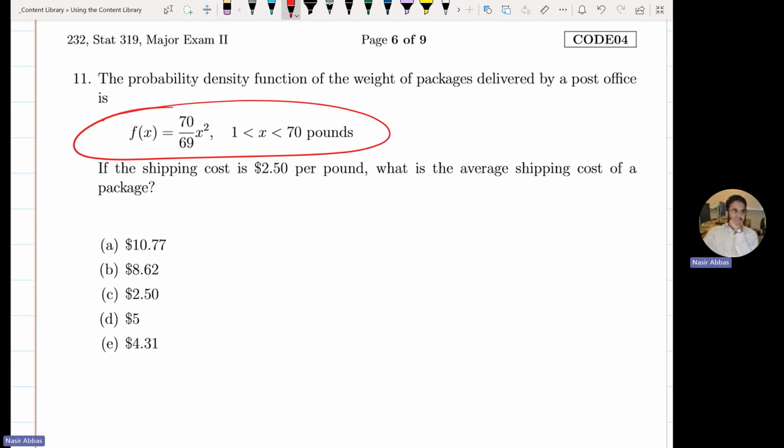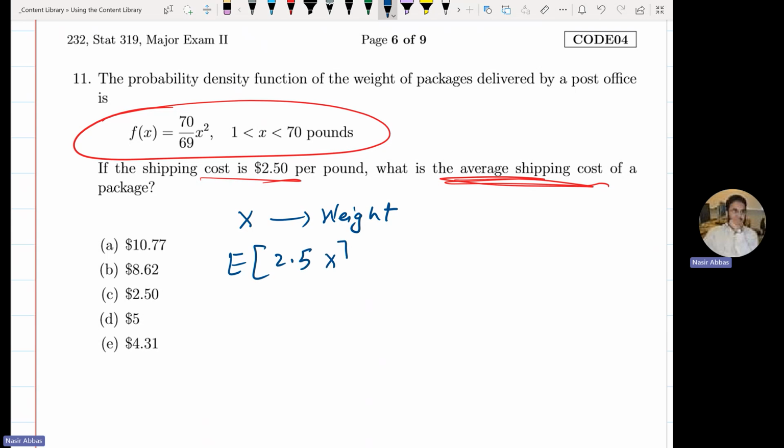What is the average of shipping cost? Shipping cost is actually the weight multiplied by 2.5. So we are defining X to be weight, number one, and we are asked to find the expected value of 2.5 times X, because the shipping cost against each pound is 2.5.